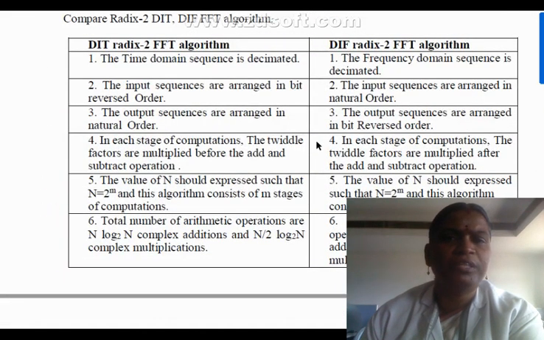We have the difference between DIT and DIF. In DIT, the time domain sequence is decimated. Here in DIF, the frequency domain sequence is decimated. In DIT the input is arranged in bit reversal order, while in DIF the input sequence is arranged in natural order. In DIT the output sequence is arranged in natural order. Here in DIF method, output sequence is arranged in bit reversal order.